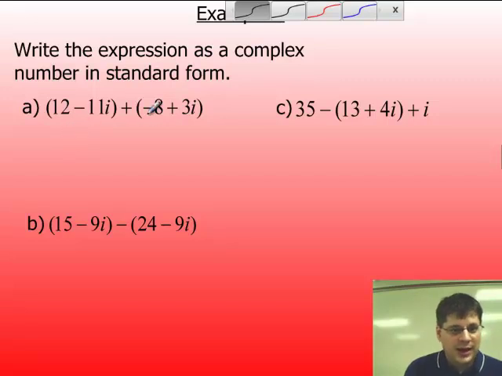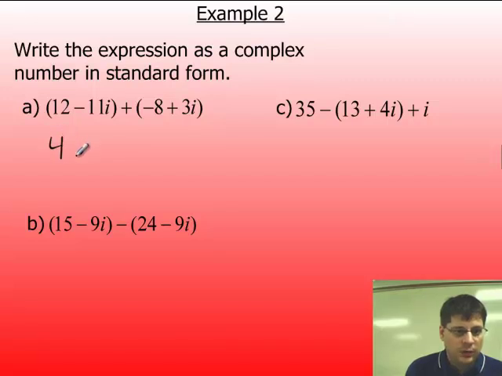So here I'm adding these together. So that's going to leave me with 4, and then I'm going to add the 3 with the 11, and that's going to give me negative 8i. So that would be my simplified expression for that one.